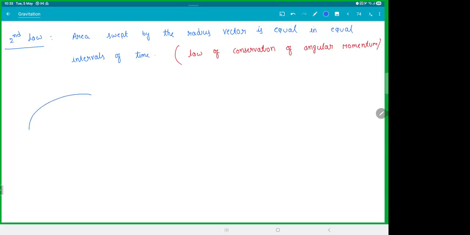So what this says, when this satellite is going, this is the picture we drew anyway. If you're going from here to here, A to B, and from here to here, he's saying the areas are the same in the same time.